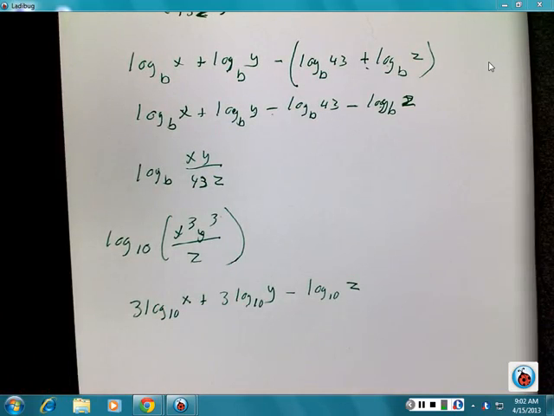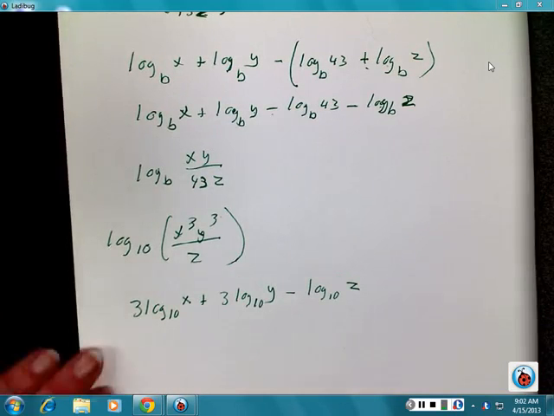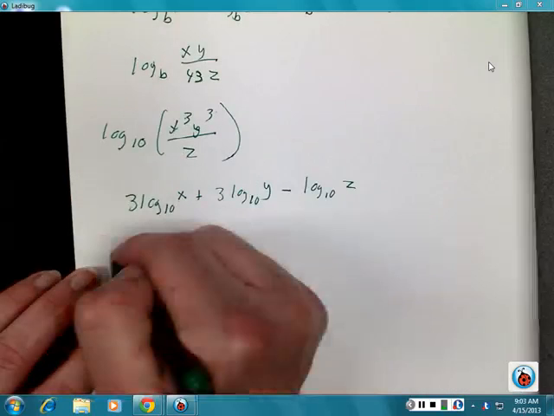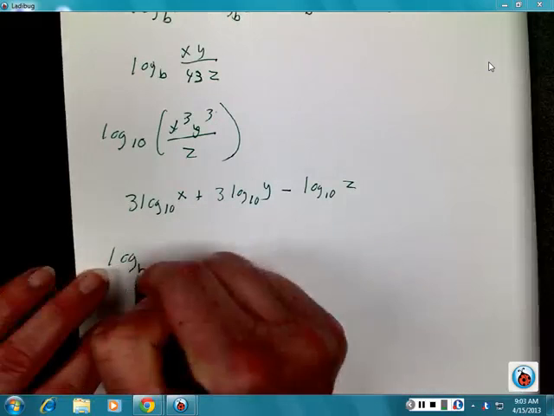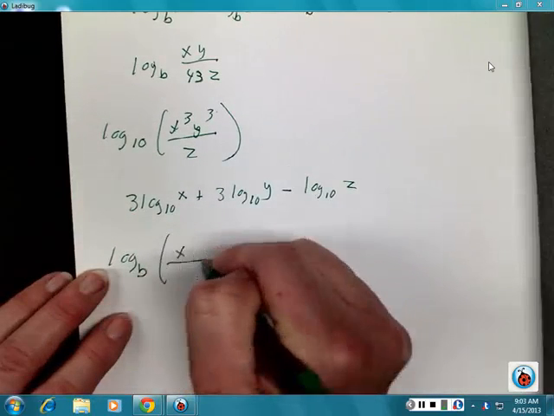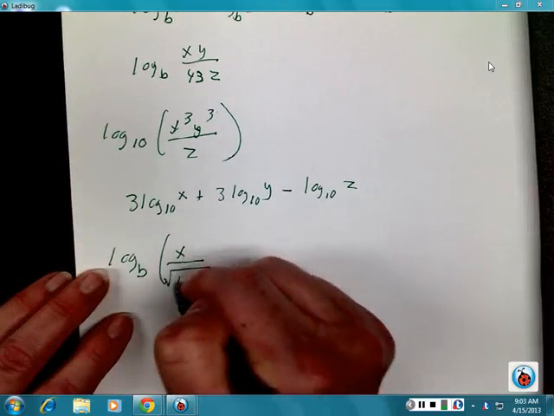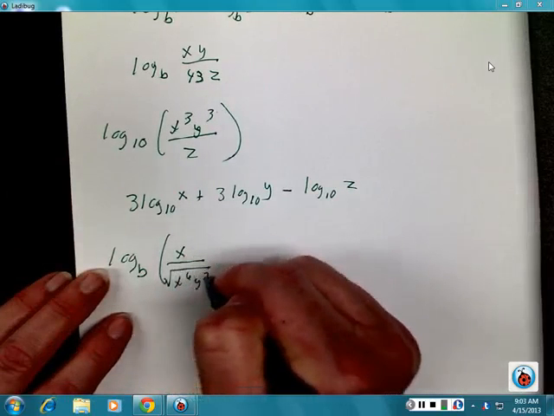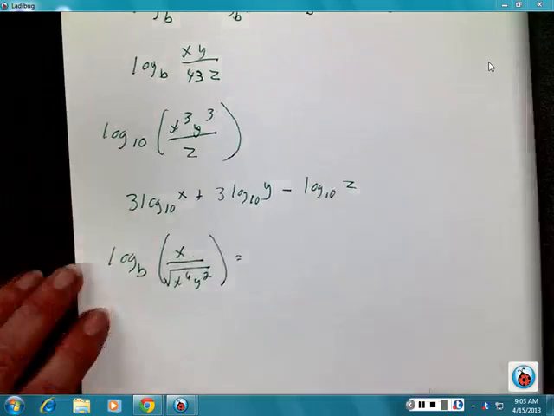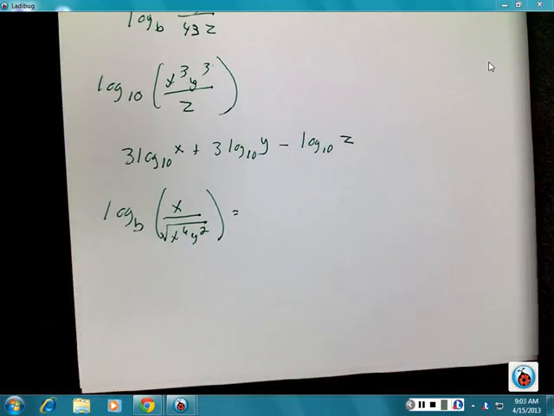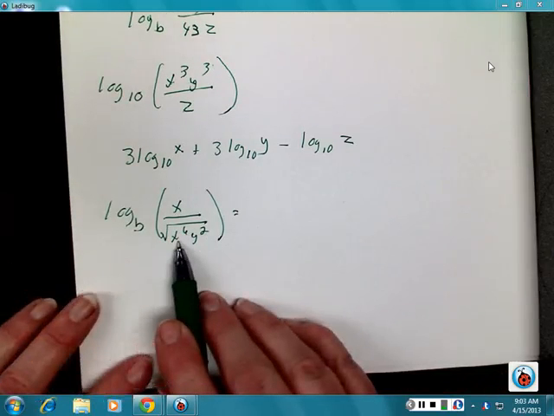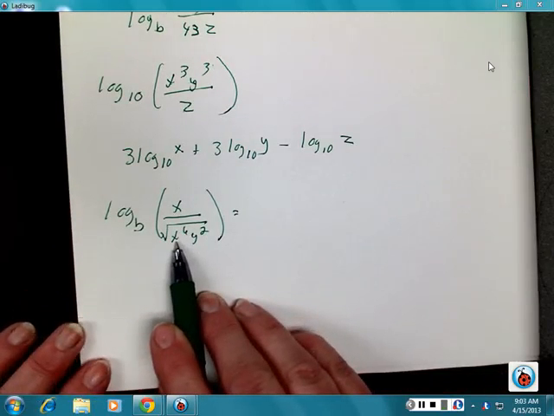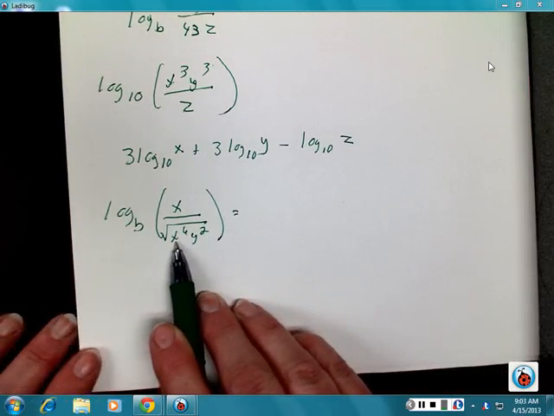So then let's go back to that one that I said I didn't want to do right off the bat. Log b x all over the square root of x to the 6th y to the 2nd. Well, if you look at this one, there's some simplification I can do, because I can take the square root of x to the 6th, correct? What's the square root of x to the 6th?